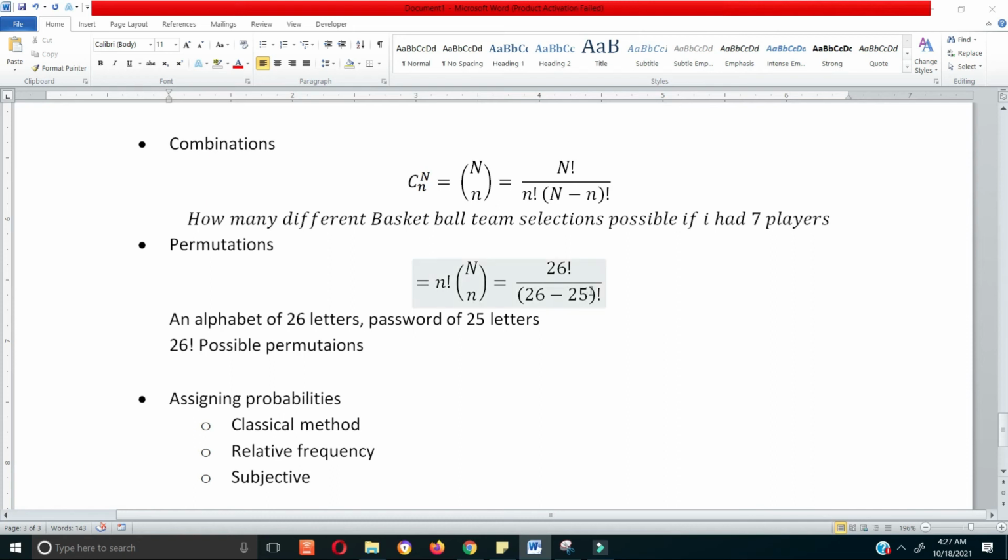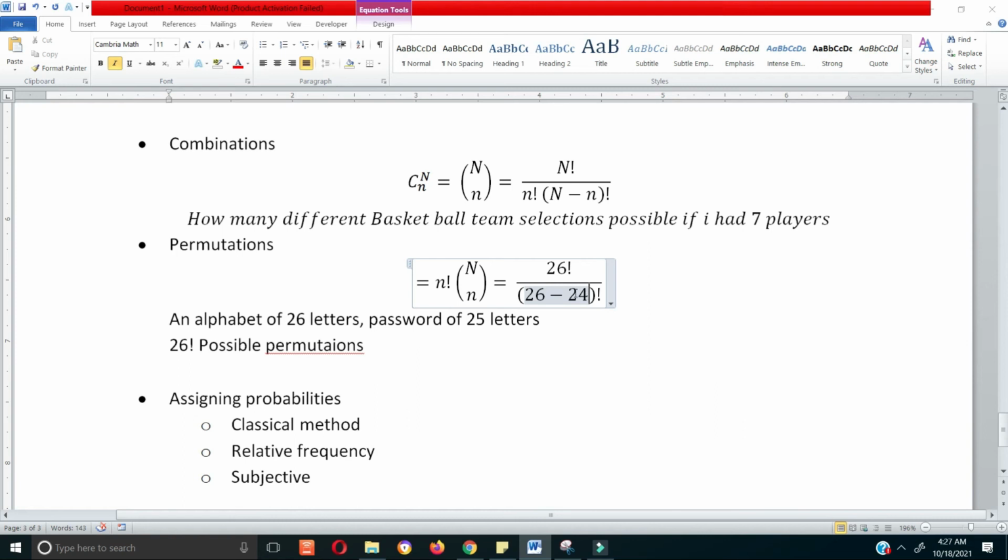If you reduce the n, for instance, if you have 24 here, the result is actually going to have a bigger denominator, right? Because 26 minus 24 factorial is now 2 factorial.